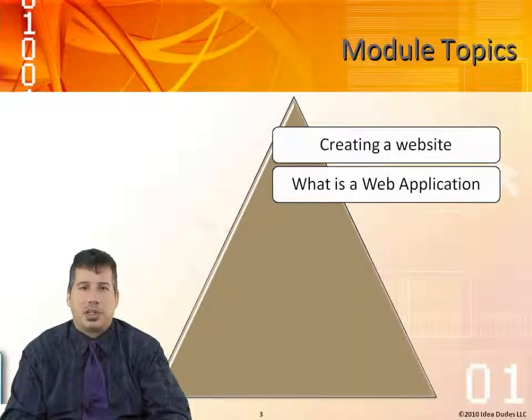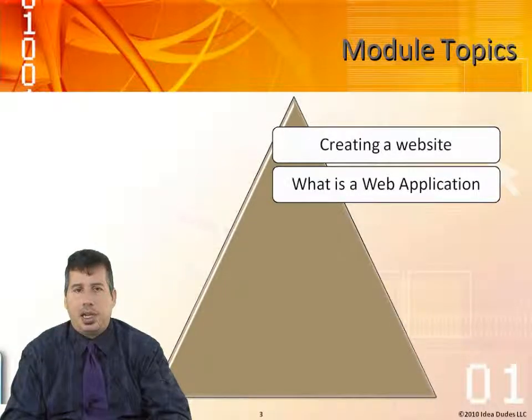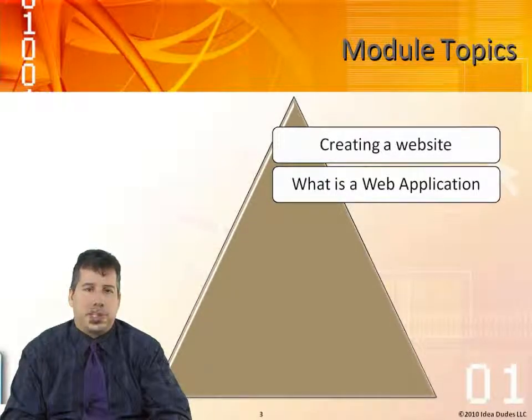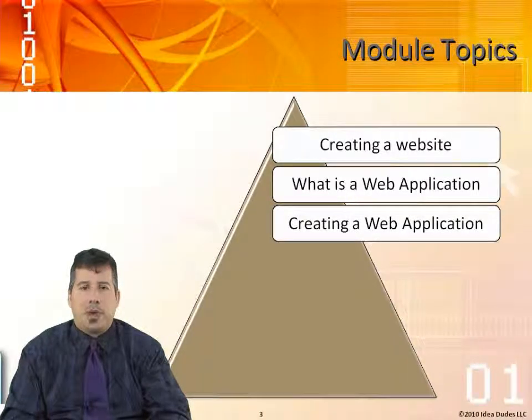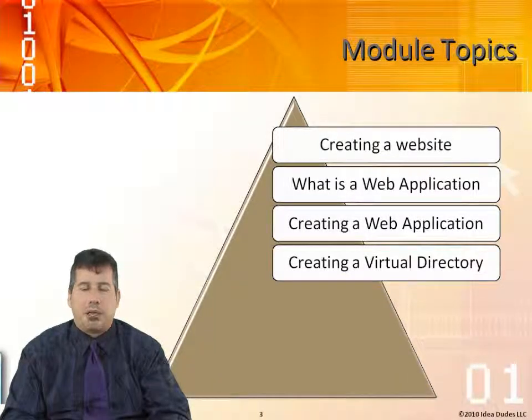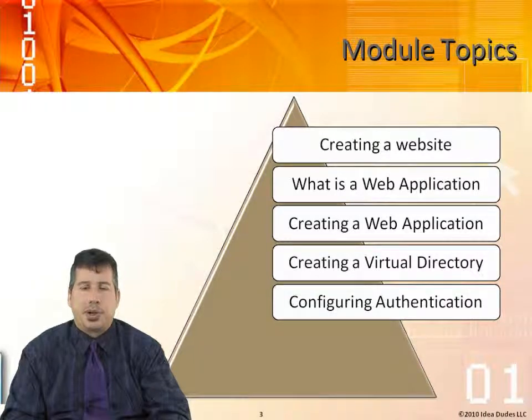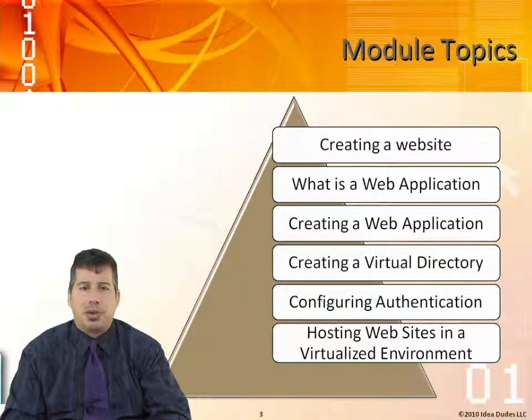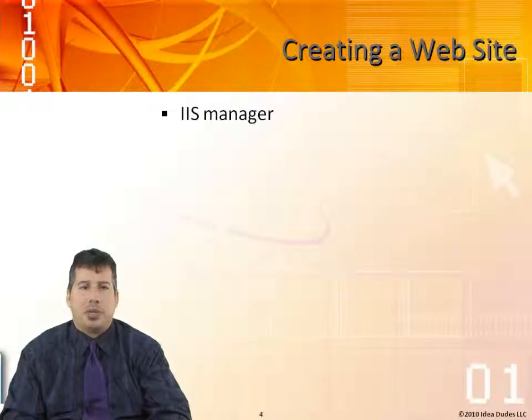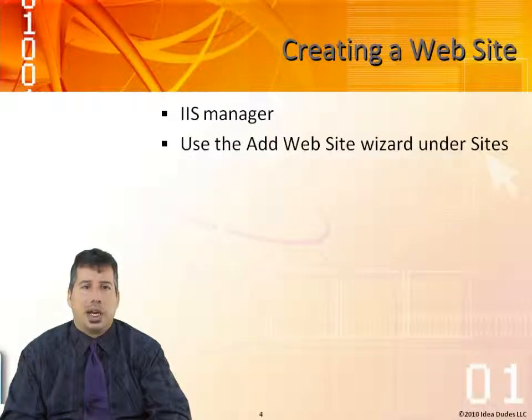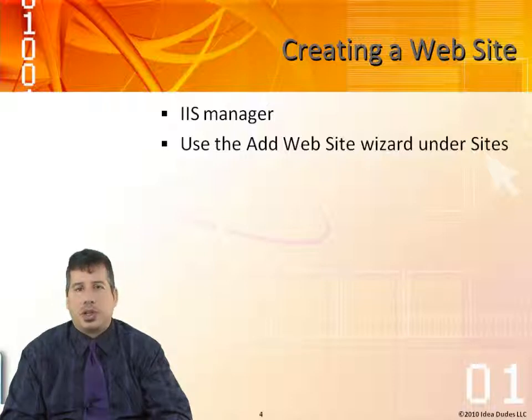And with the web application, all we're doing is assigning managed code like ASP.NET, ASP, CGI, PHP, and then creating a web application, creating a virtual directory, configuring authentication, and hosting websites in a virtualized environment. So to create a website, we use the IIS manager, and you use the Add Website wizard under Sites.